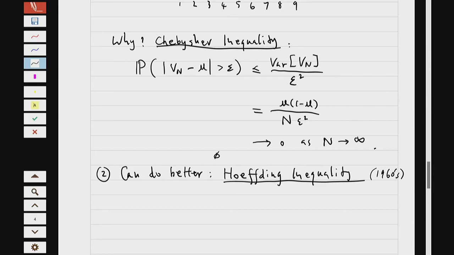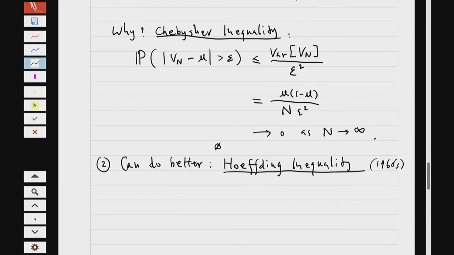Dr. Hoeffding is from Finland, or at least his ethnicity originally was Finnish. I don't know how to pronounce this character. If anybody knows, let me know. Any Finnish here? Or Scandinavian in general, maybe. Swedish might be similar too. I don't know. But anyway, Hoeffding, at least for Canadians.